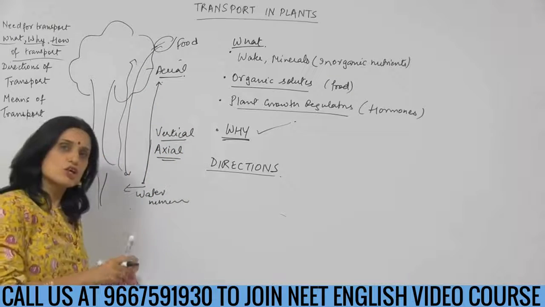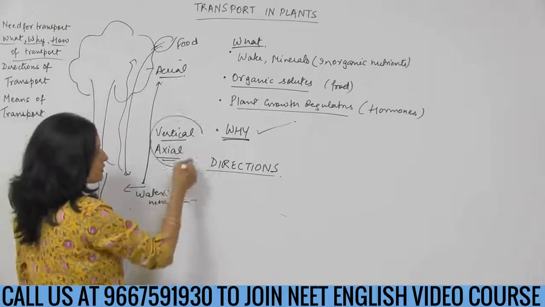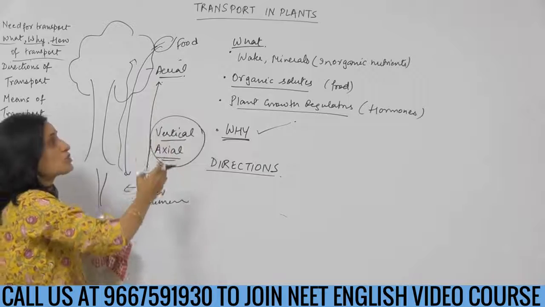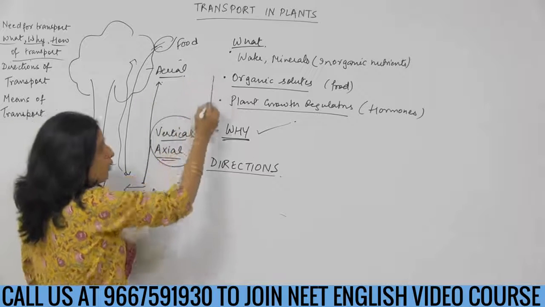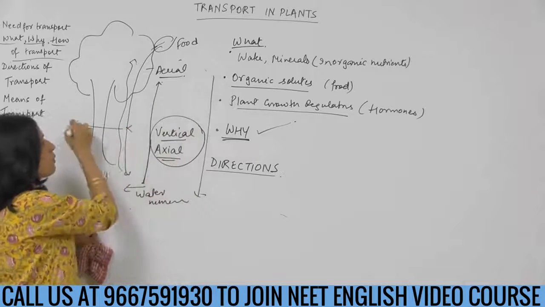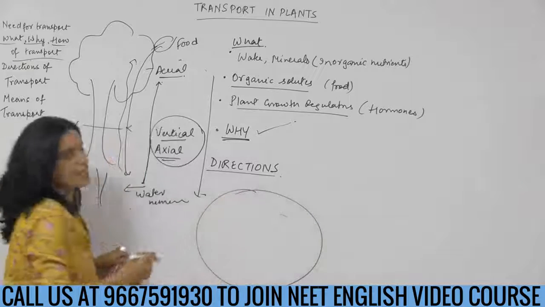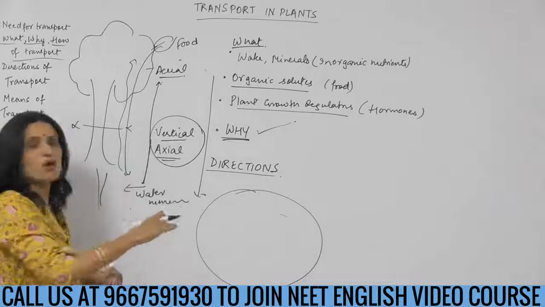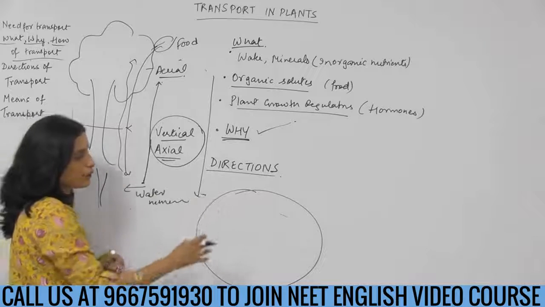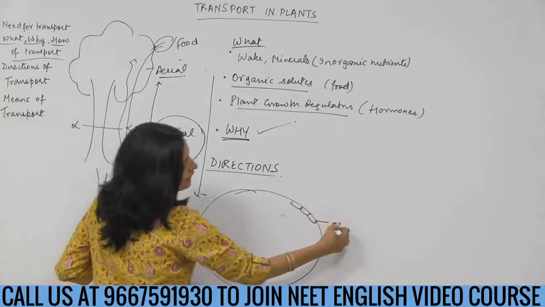So when we talk of directions, we can talk about whether the substances are being translocated in a vertical direction, which could be either upwards or downwards, right? Also, if you just blow up, or enlarge, this part of a stem or a root and cut its cross section, what you would see here is a circular outline where the outermost layer is the epidermis.